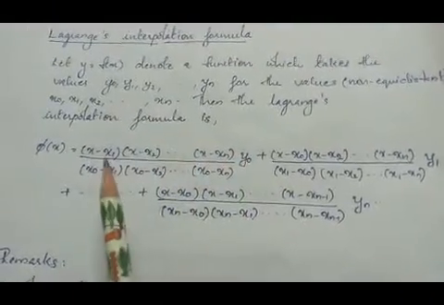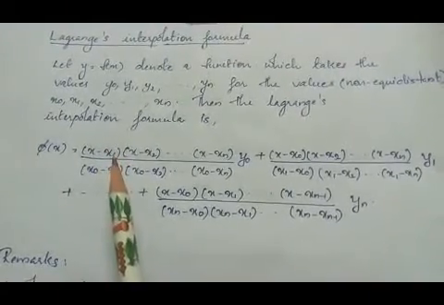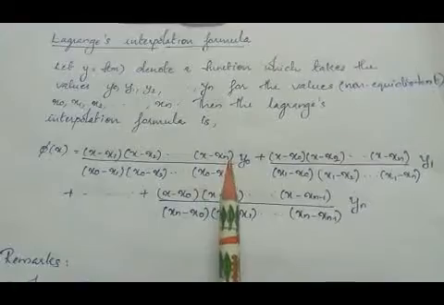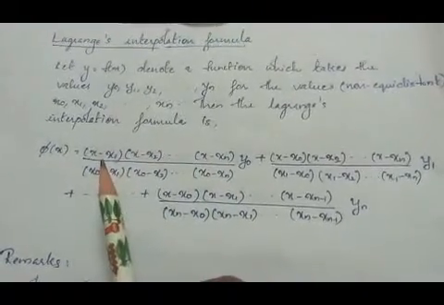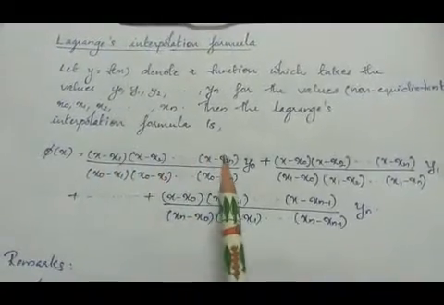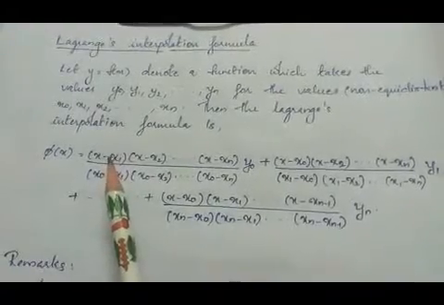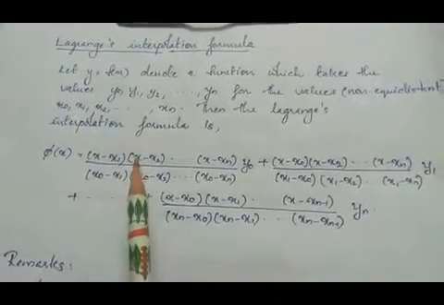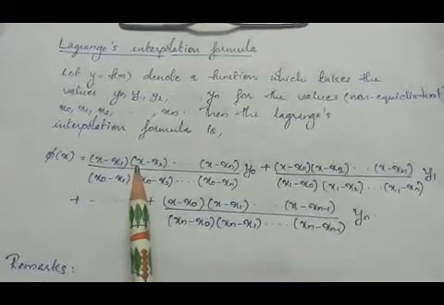That is, in the numerator the arguments from x1 till xn are subtracted from x, right? That means x0 is excluded in the numerator, in the first term.